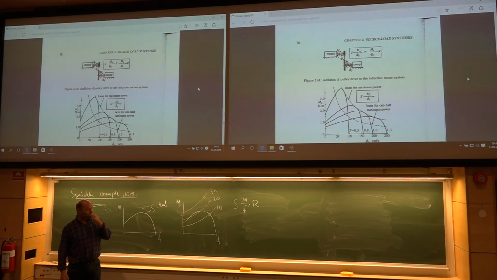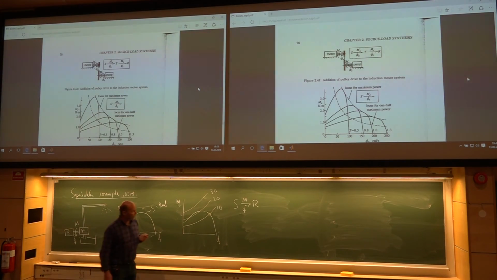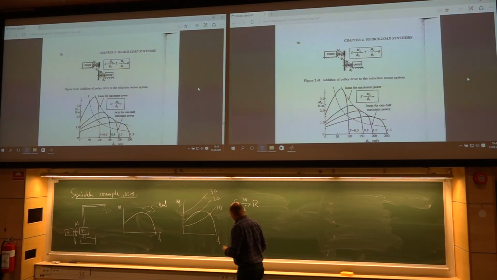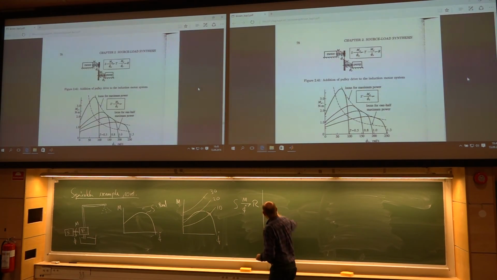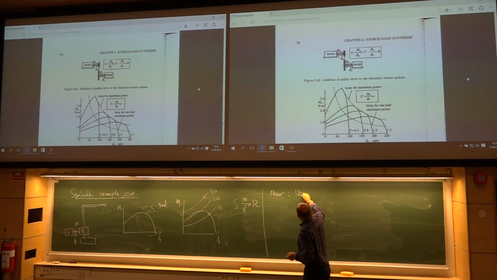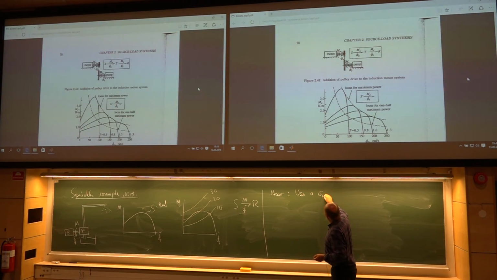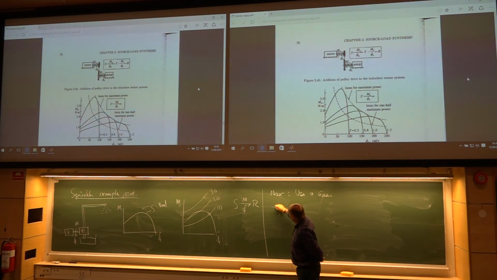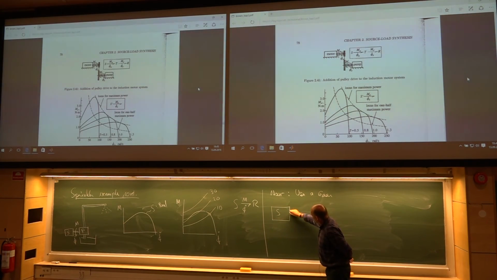How to handle it? Now we use a transformer. We use a gear. Here is my source. That is a power supply and a motor with a rotating axis here, phi 1, torque 1.